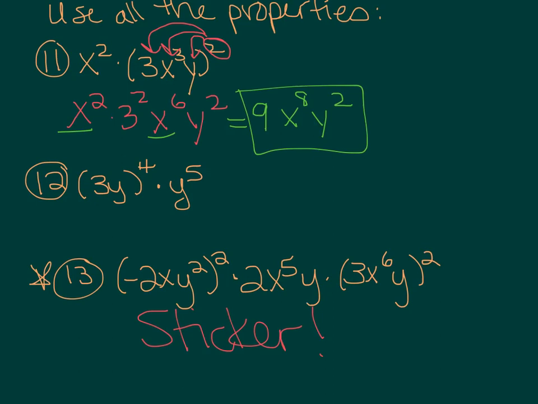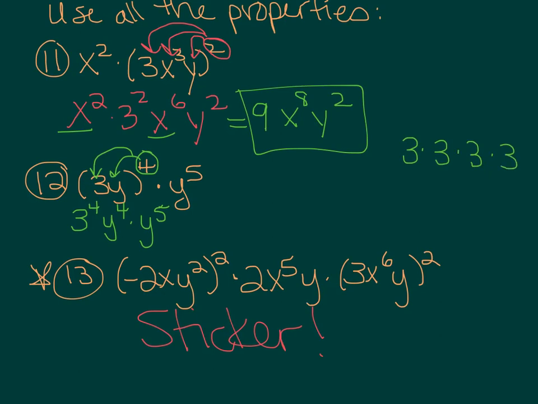Number 12 is actually slightly easier, other than the fact that 3 to the 4th is a little bit of a high number. So I'm going to distribute this 4 as the exponent to the 3 and to the y. And 3 to the 4th, if you aren't sure about it, feel free to work it out on the side.